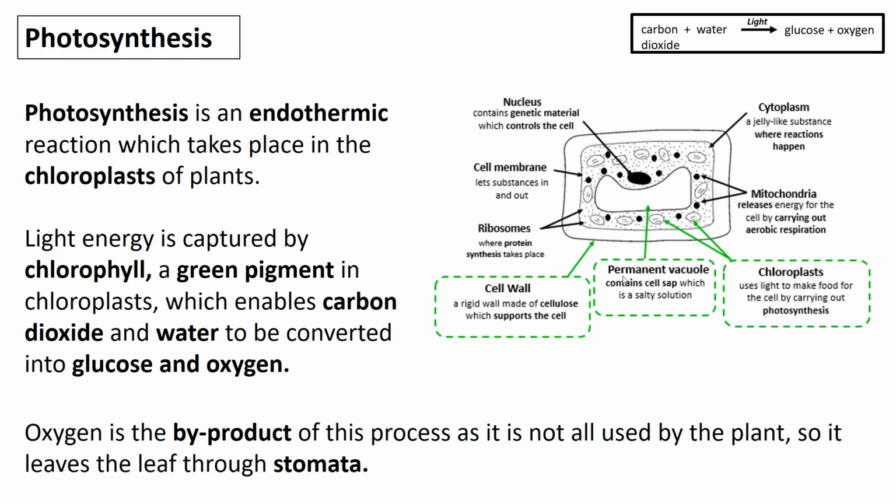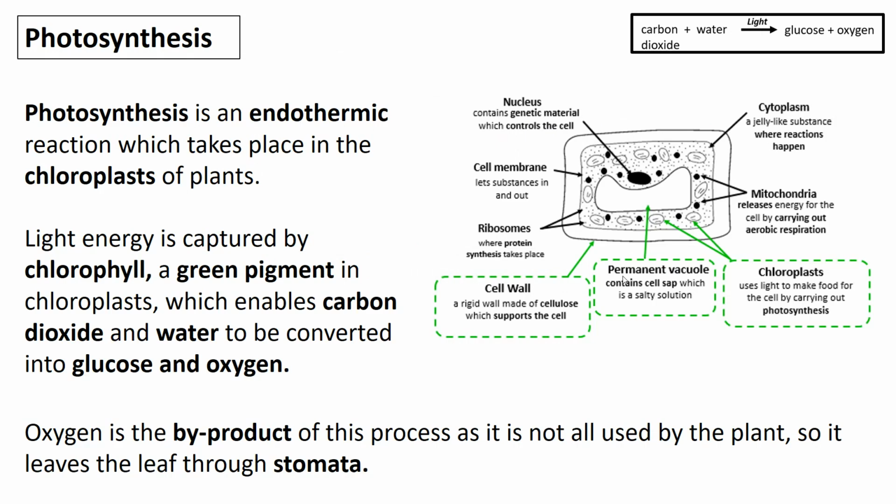And that equation shows you that photosynthesis is an endothermic reaction. The light energy going into the reaction means it's endothermic. So energy enters. And it takes place in the chloroplasts of plants, which is why only plants can carry out photosynthesis, because it's only them that have those chloroplasts.